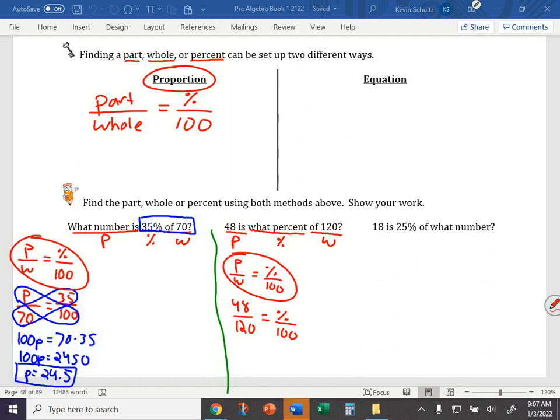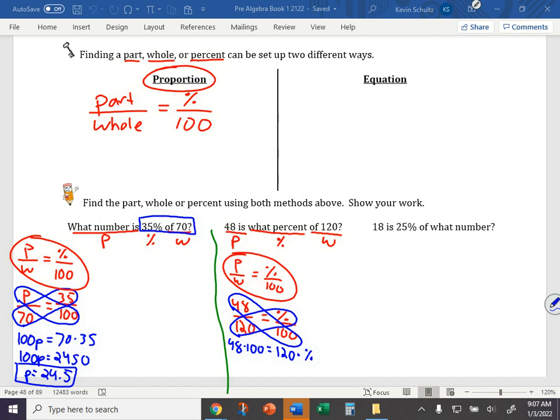Cross products, which looks like in this case, 48 times 100 is equal to 120 times our percent.